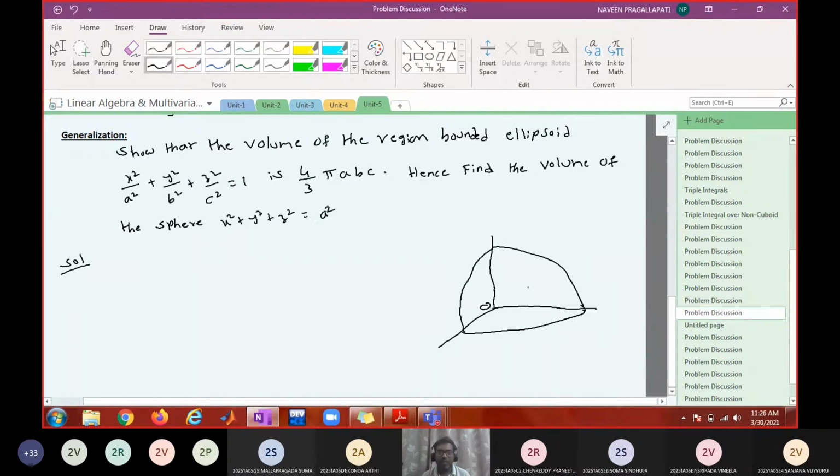So this is 1/8 of the portion of the ellipsoidal region which is there in the first octant, and its projection on the xy plane is going to be this 1/4 of the ellipse area, right? So there is a solid region bounded by the ellipsoid.